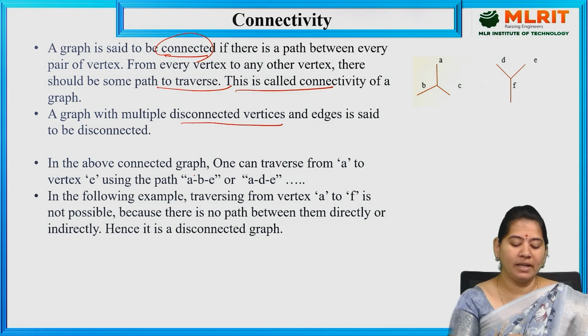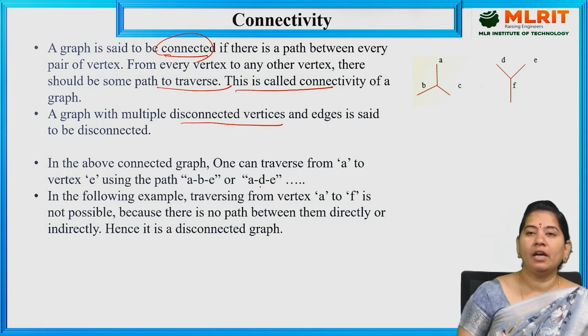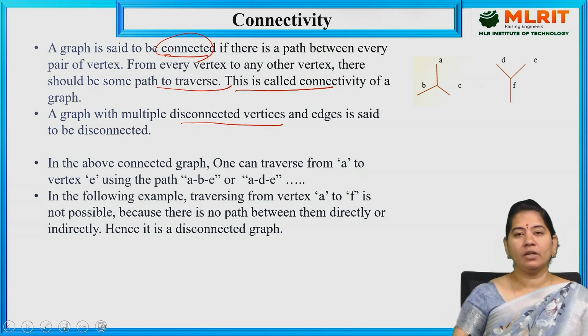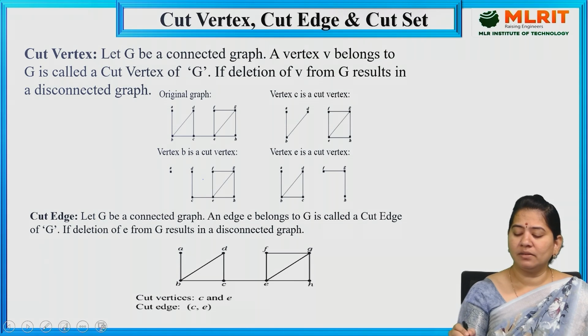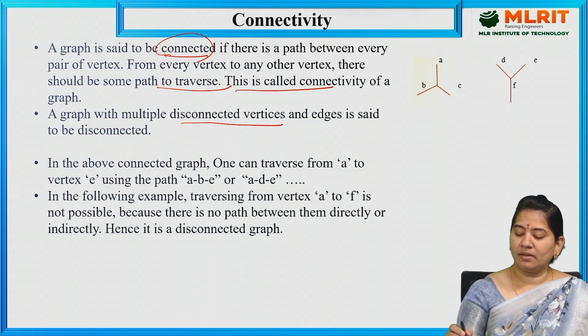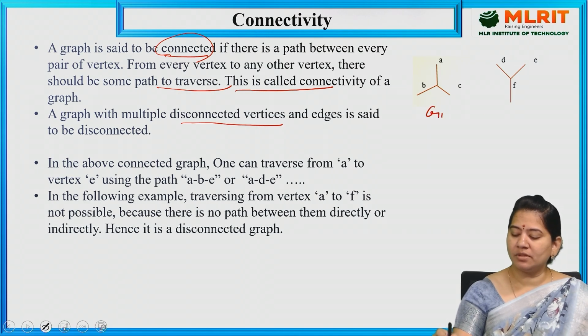In the above connected graph, one can traverse from vertex A to vertex E using a path. Just see here, I have taken one figure with two graphs. Let us suppose this is G1 and this is G2.